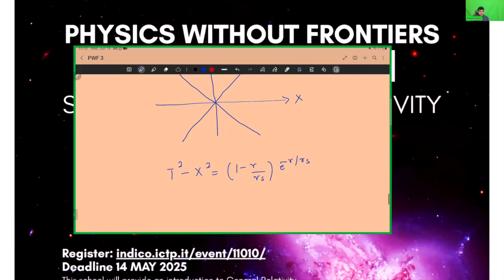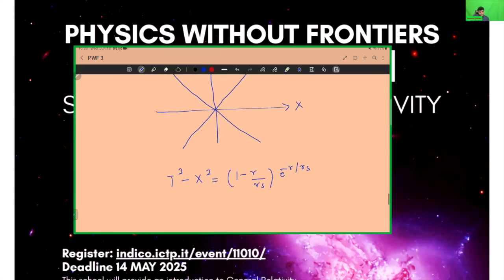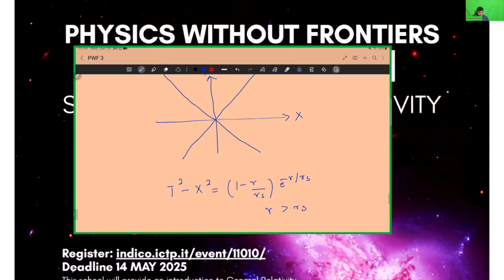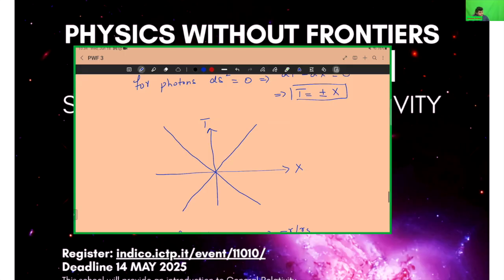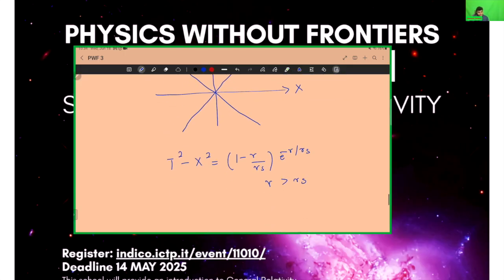Now, the thing is that if r is bigger than rs, then, well, let's see. Wait, did I write it down correctly? Yeah, I think I did. So if r is bigger than rs, then this is negative, right? But if r is smaller than rs, then this constant is positive, right?